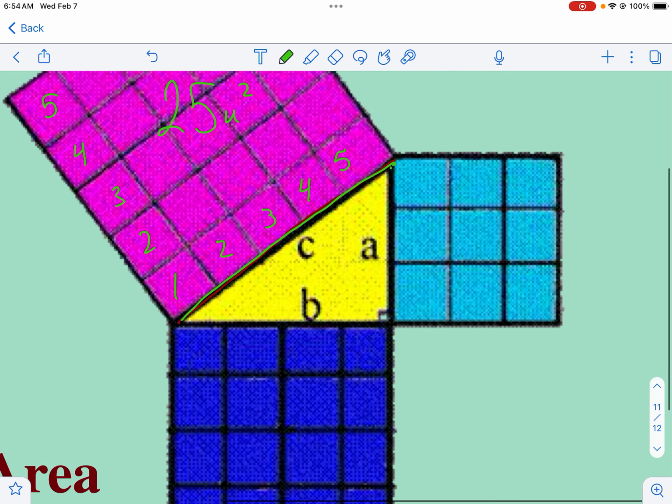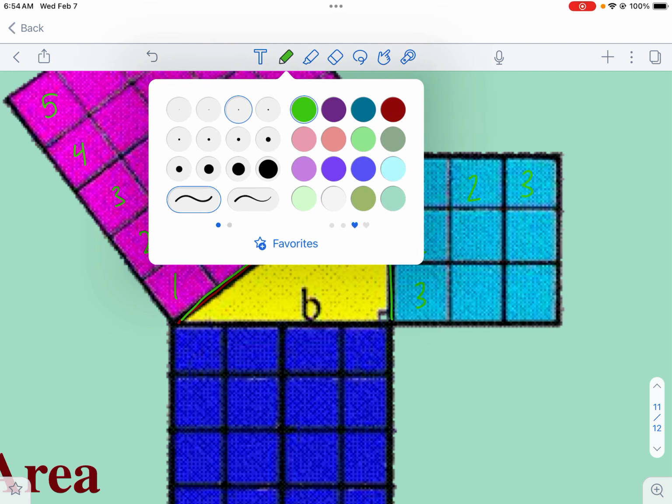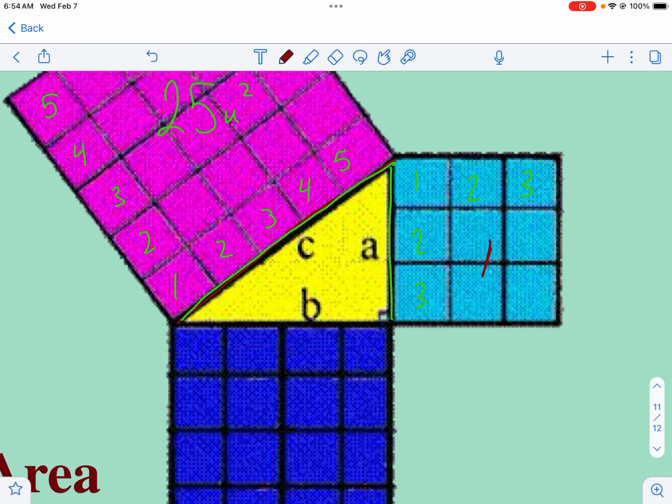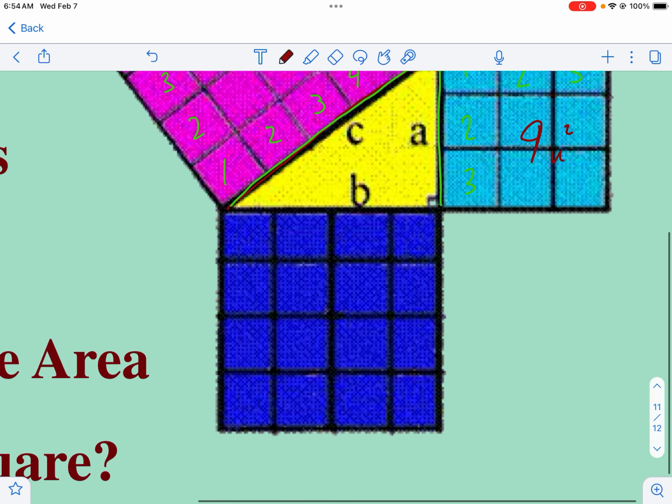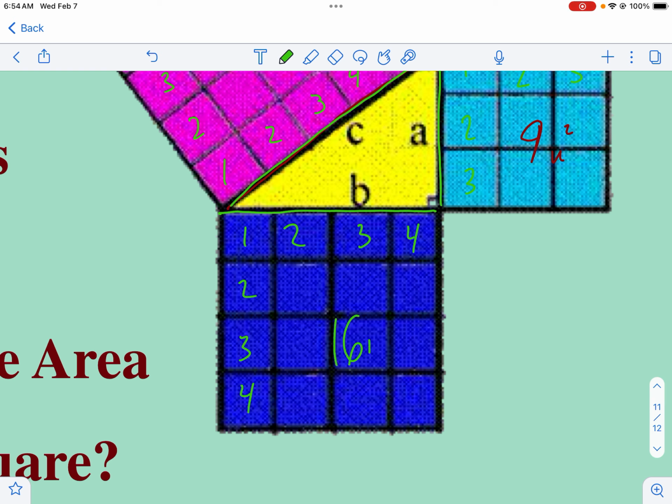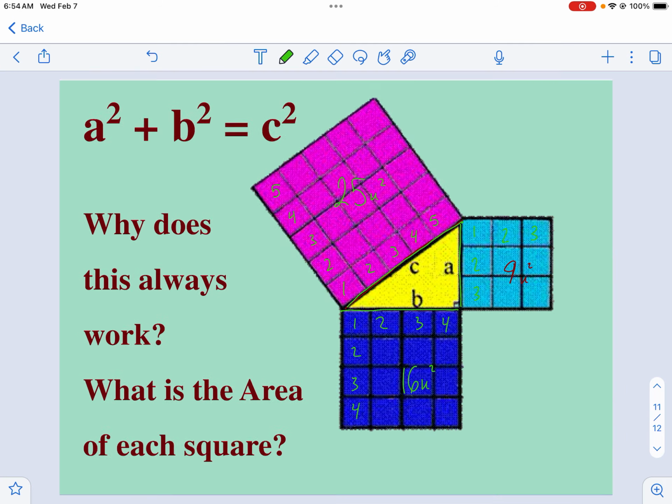Then taking a look at my A side, I have a block that's 1, 2, 3 long and 1, 2, 3 wide. So my total area for the A block would be 9 units squared. And then taking a look at my B block, I have a block that is 1, 2, 3, 4 blocks long by 1, 2, 3, 4 blocks wide, which is going to give me an area of 16 units squared.